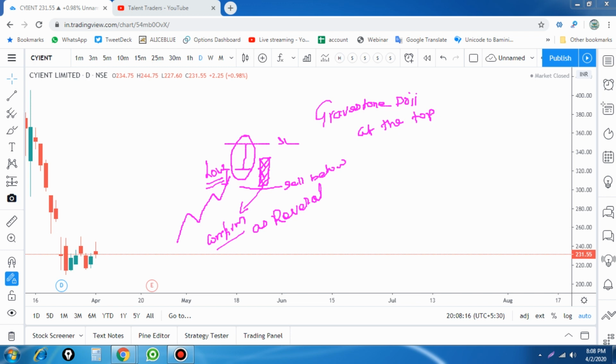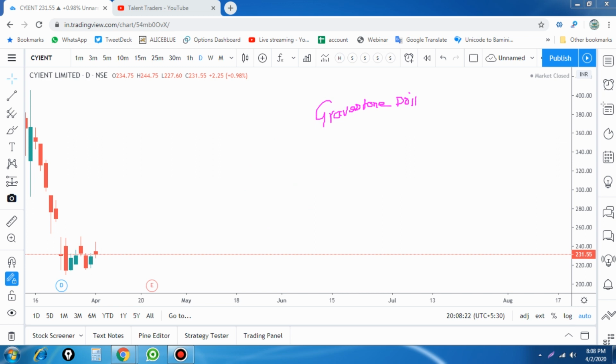For example, a gravestone doji at the top is candle 2, this is candle 1, and the third candle closes below this level. This level is the sell entry or sell signal.